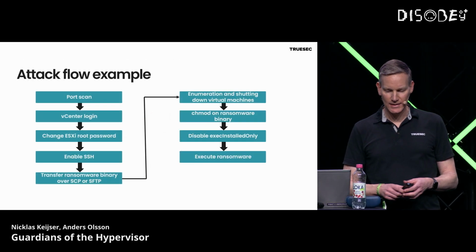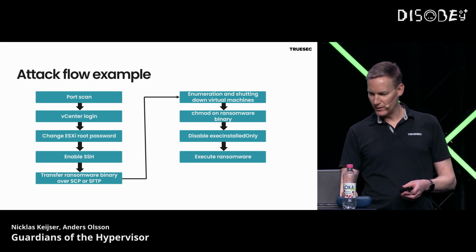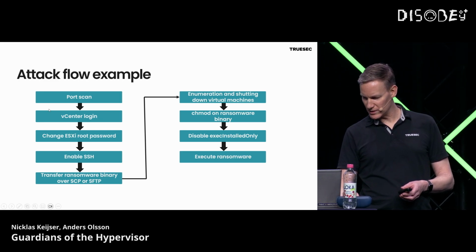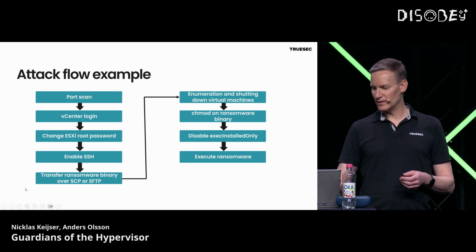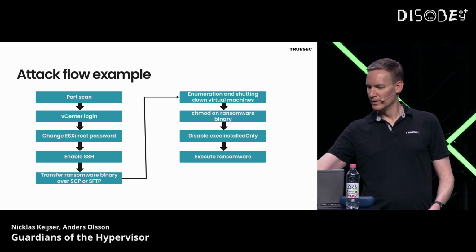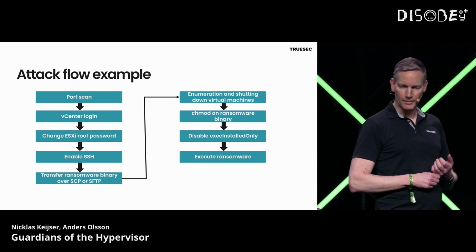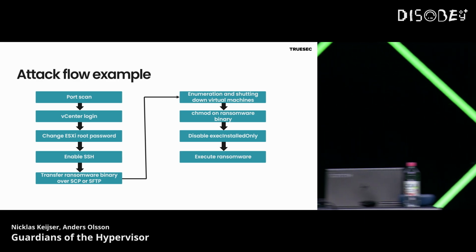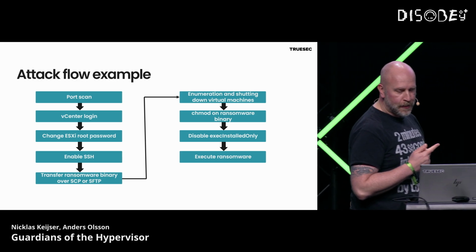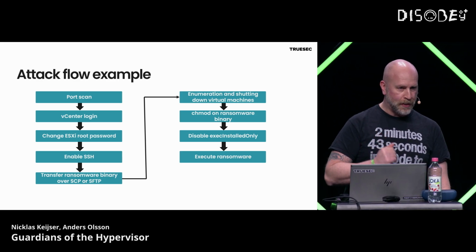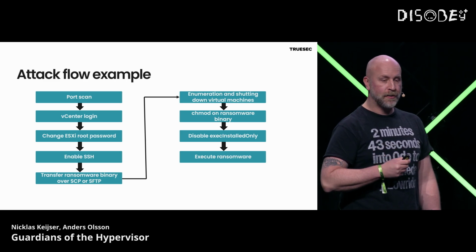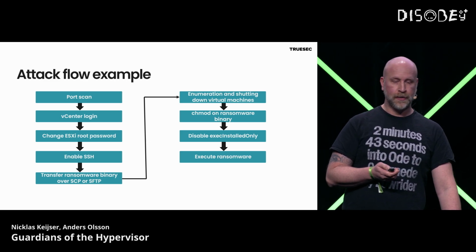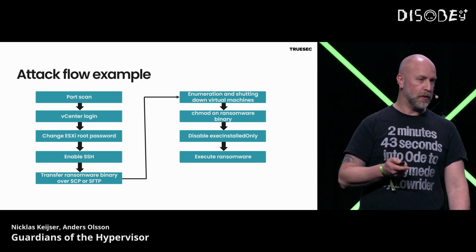So how did these attacks happen? Well, I did the stuff on the left-hand side, not the port scan, but the other stuff I did in the first demo, and I uploaded this supposed ransomware. What happens then, Nicklas? Well, as you remember from my attack, I chmodded the binary, made it executable, and then I disabled this protection to run it, and after that I can execute the ransomware.